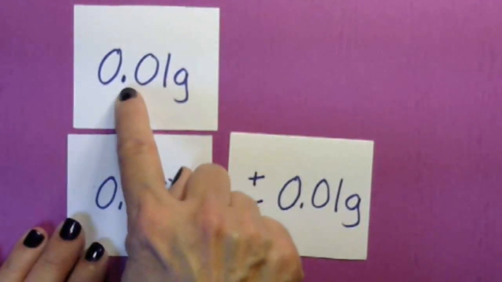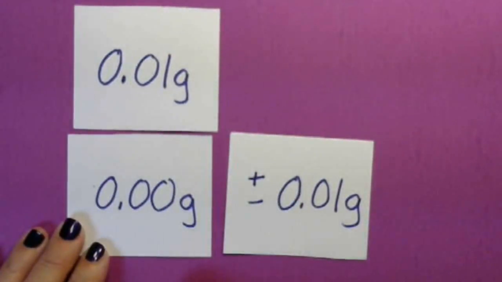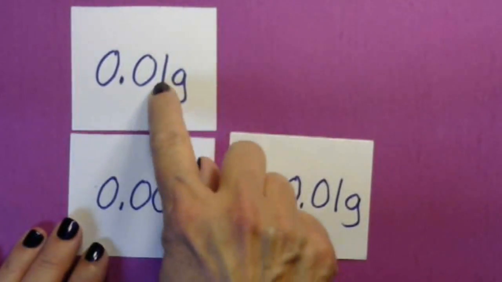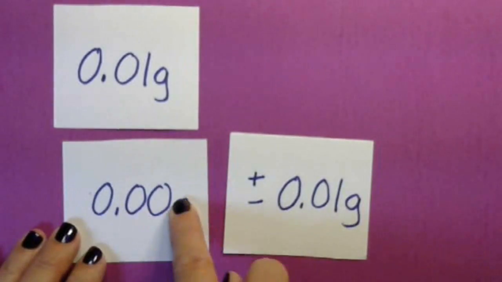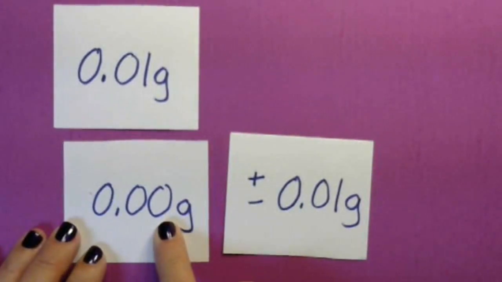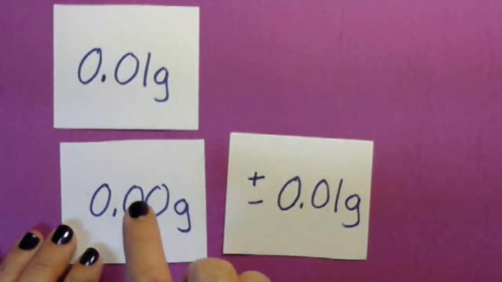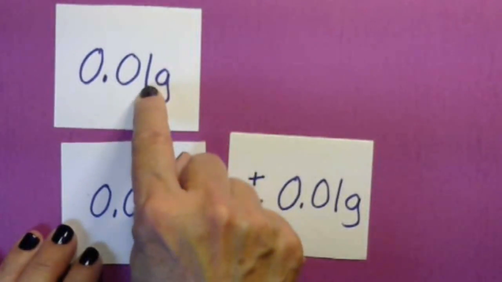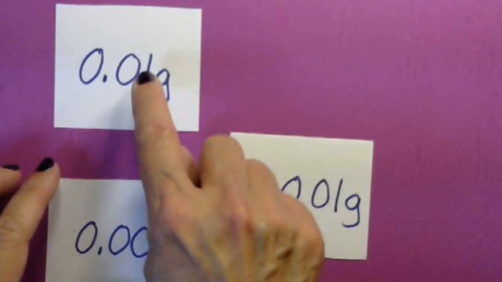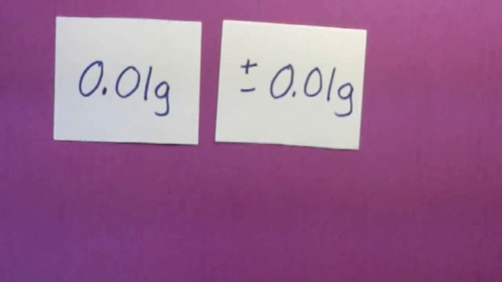It now reads 0.01 grams. This value is the only one that had meaning, the 1 here. The rest was there because it used to have nothing on the balance. So this number here is the only significant figure that I have. So I have 1 significant figure.